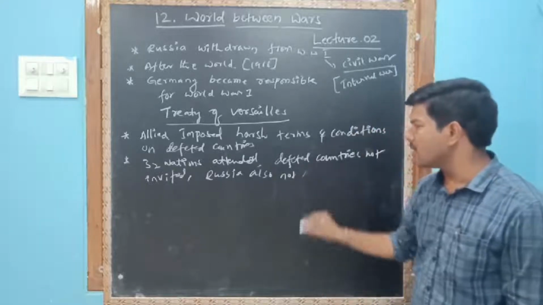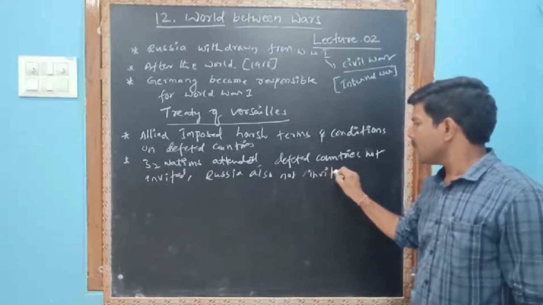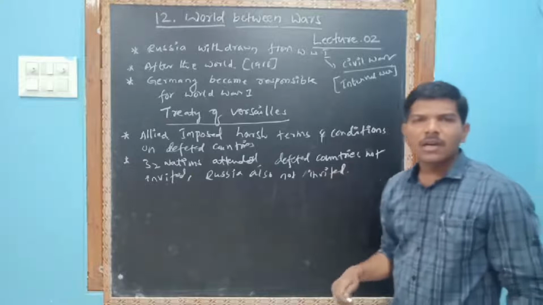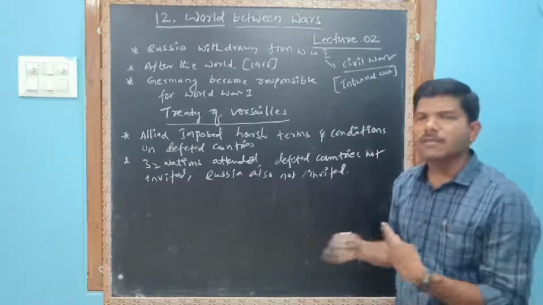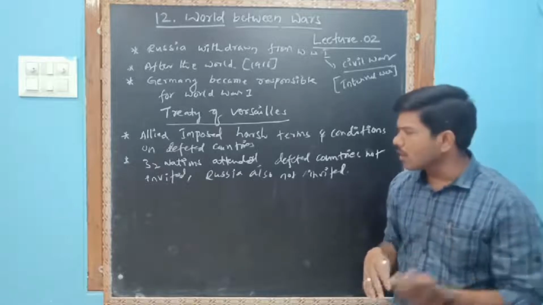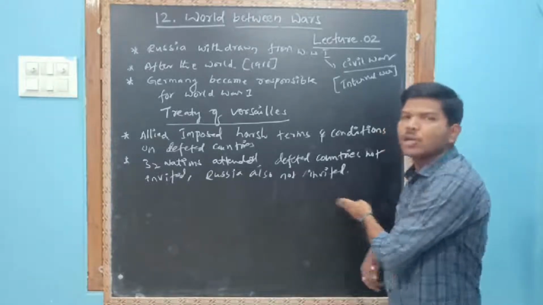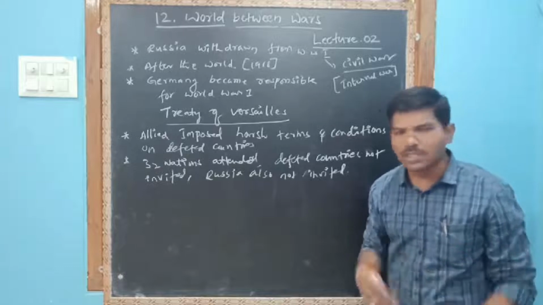Why was Russia not invited? Russia had withdrawn from World War I. In the middle of the World War, it dropped out. So Russia was also not invited to this Treaty of Versailles.